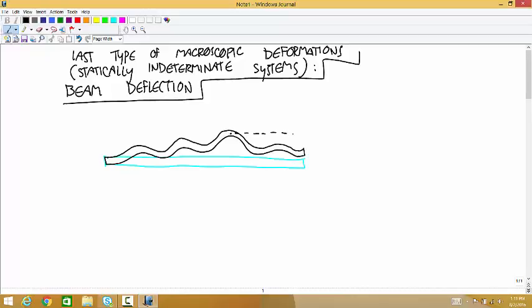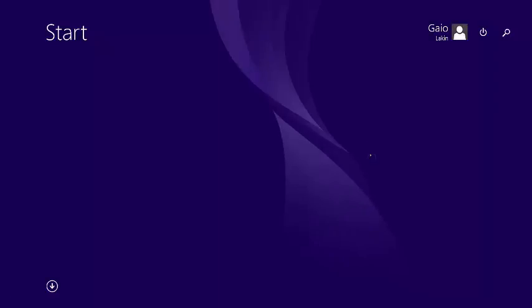But if you measure the distance, and we'll call it the upward distance, from the original height of a point on the beam to the deformed height, we're going to call that lowercase v, and that's the beam deflection. Okay.